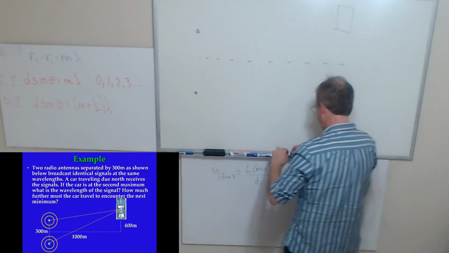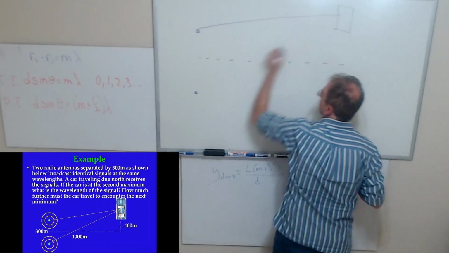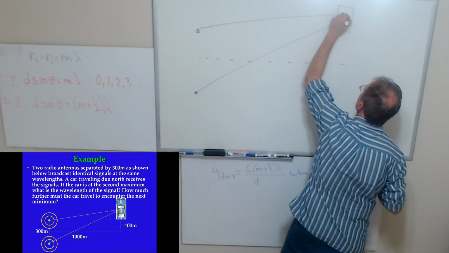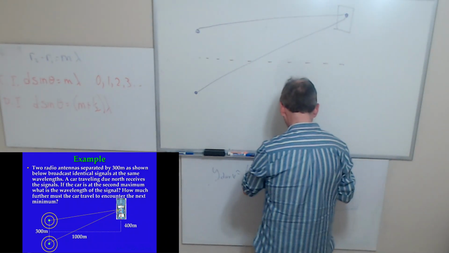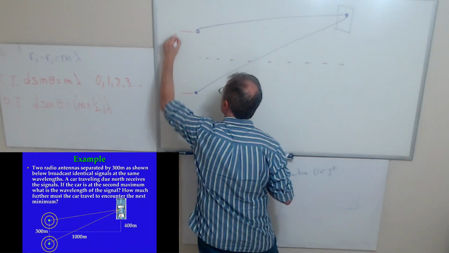So let me draw my R1 and R2. Okay. This distance is 300 meters.